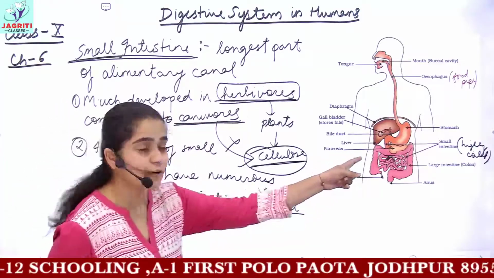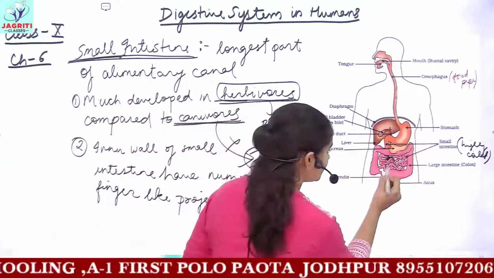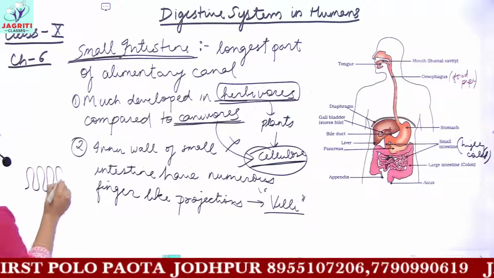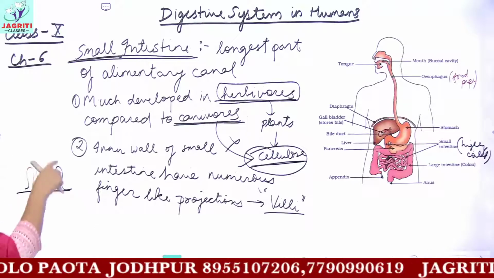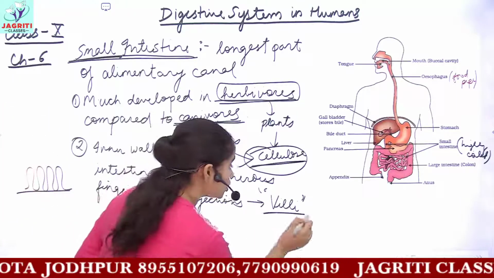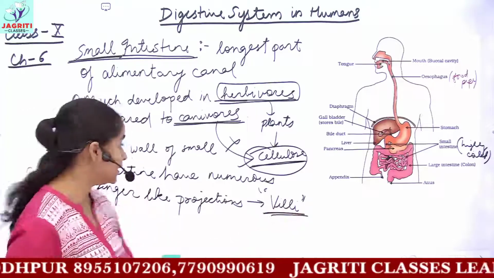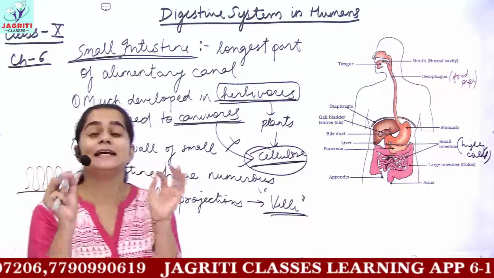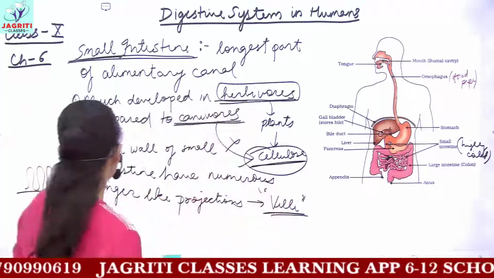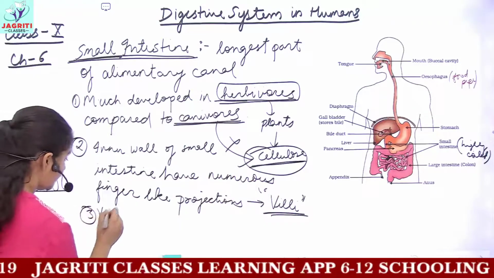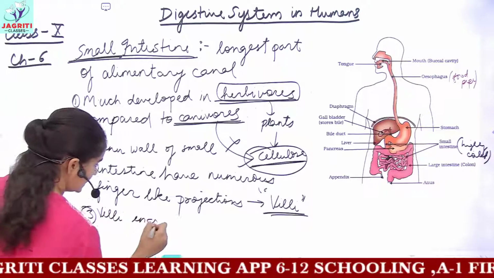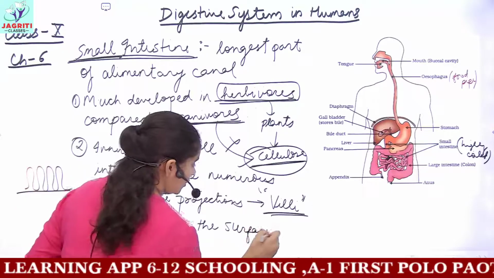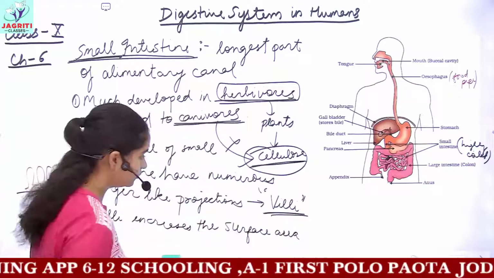So, the inner wall of the small intestine contains many finger-like projections. Can you see in the diagram? We have the coiled structure, and in the inner wall you have such finger or thread-like projections. These projections or outgrowths are called villi. And what is the function of these villi? Villi increase the surface area required for absorption of food.